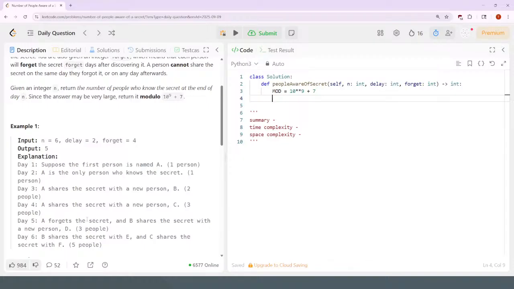Looks like I could probably do, do I need to keep track of each one individually? Number of people that know the secret.